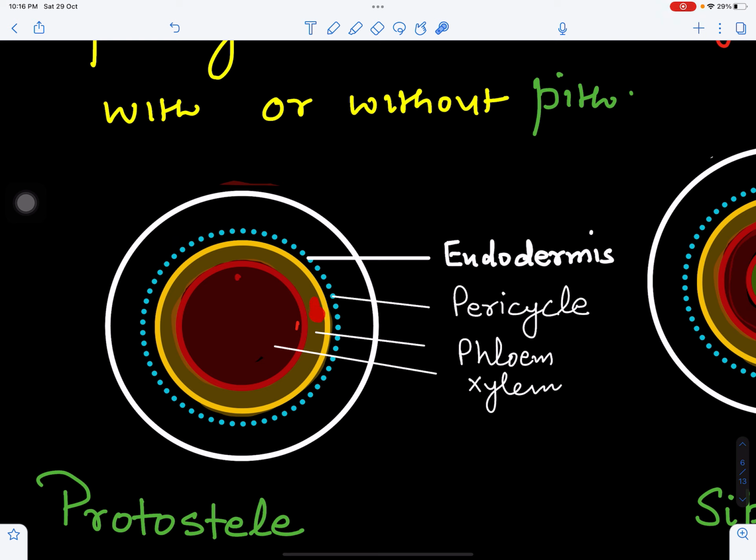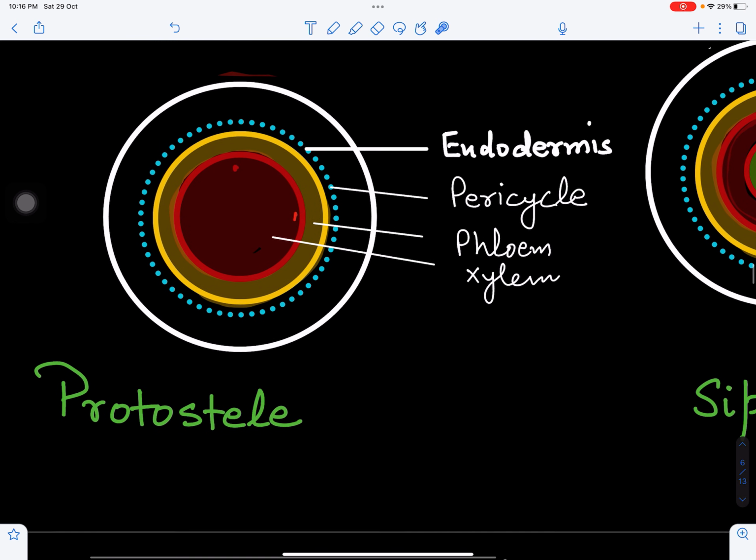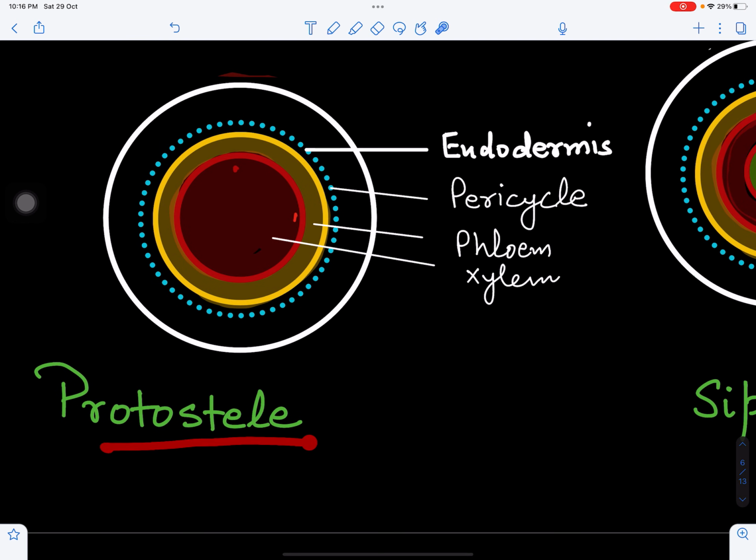Then this yellow one, yellowish orangish, is phloem tissue. And in the center red one is xylem tissue. So this orientation of xylem and phloem surrounded by endodermis and pericycle is called stele. And this type of stele is also called as protostele.